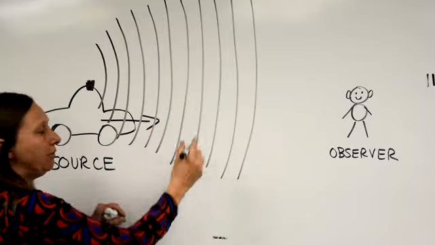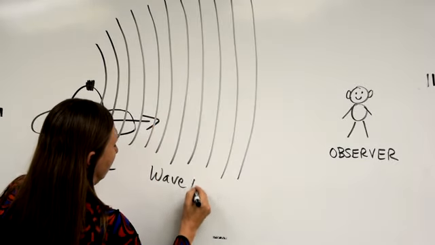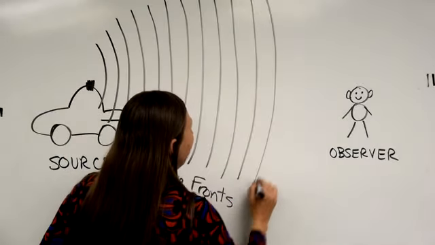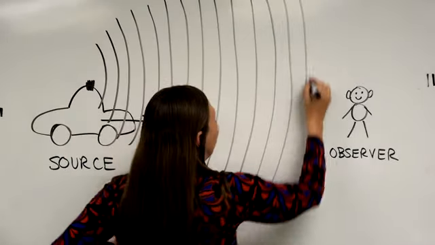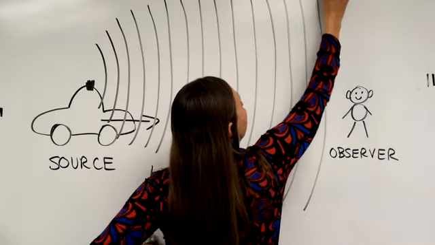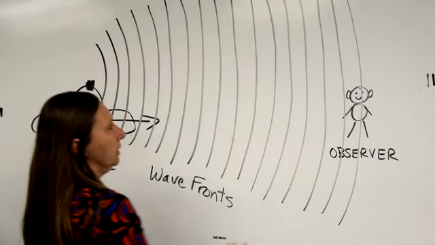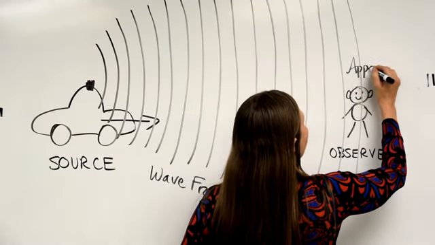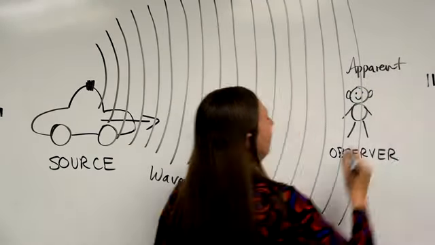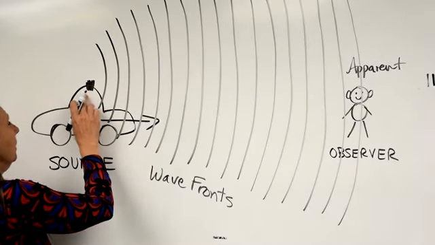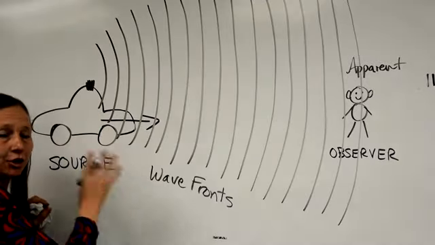You see these wave fronts are closer together. The person hears a higher pitch. That is the apparent frequency that the person hears. It sounds higher. The sounding higher part is real, it's just that the siren itself hasn't actually changed.